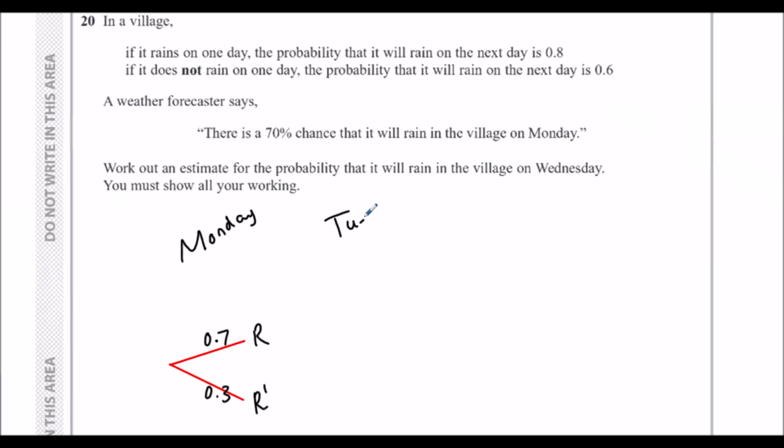And then we go on to Tuesday. So if it rains, the probability it rains the next day is 0.8. So if it rained on Monday, the chance it rains on Tuesday is 0.8. That means if it doesn't rain, the chance of not raining must be 0.2.